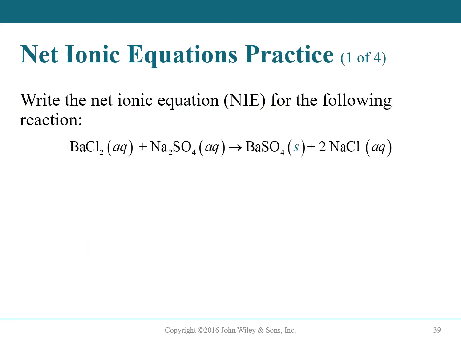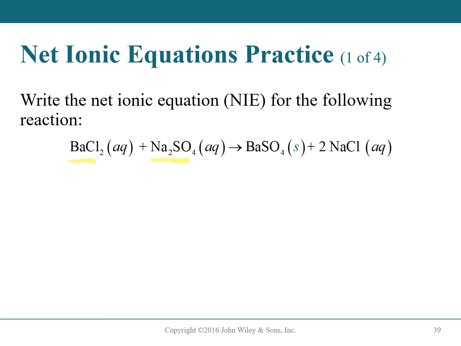All right, so let's write the net ionic equation for the following. So these are the things you need to think about. This is an ionic compound, soluble. It's a strong electrolyte, so we take it apart. This one, it's soluble, it's ionic, it's a strong electrolyte. Take it apart.